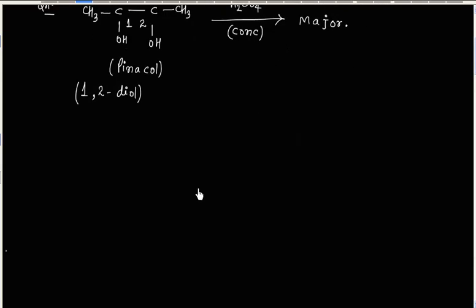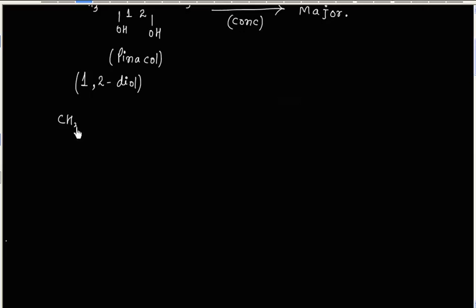So in the first step, alcohol gets protonated. H2SO4 can donate a H plus because it is an acid.